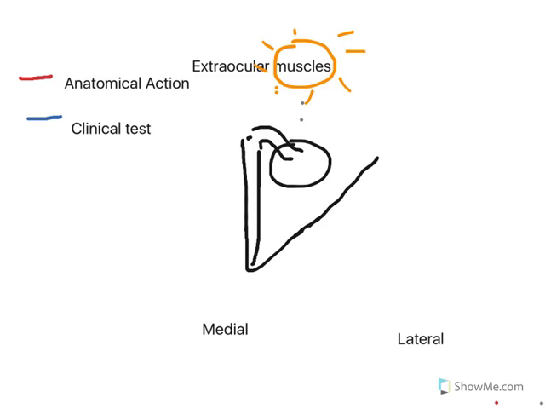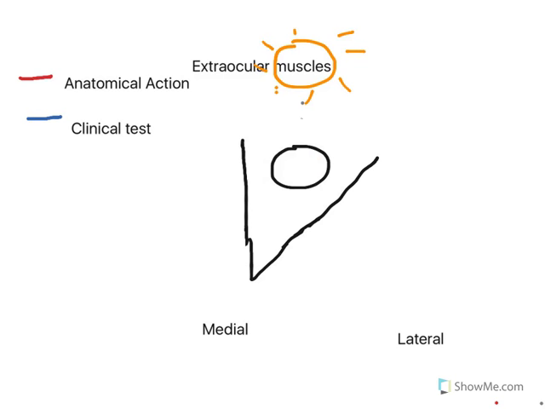And because of this, it means that it pulls the eye downwards and outwards. Which I guess is drawn that way, like that. To test the superior oblique muscle, you ask the patient to look medially and inferiorly.